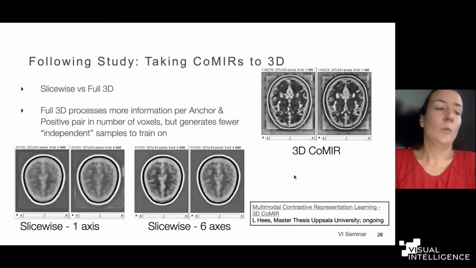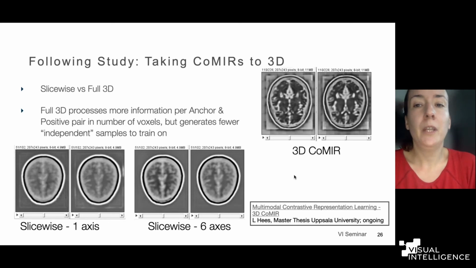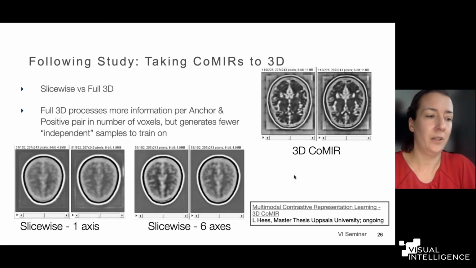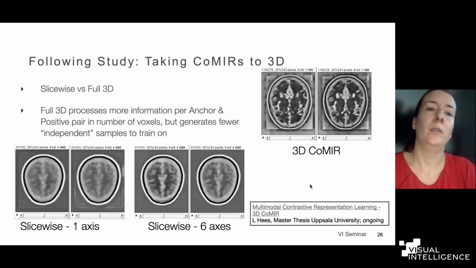One more thing that we've been working on now is to take Comir into 3D, which is, there's like nothing hindering it. It's just an implementation, like we hadn't gotten to it initially. So we have one master student working on evaluating, learning these representations in full 3D and comparing it to learning the Comirs slice-wise in 2D and then doing the reconstruction before registration.